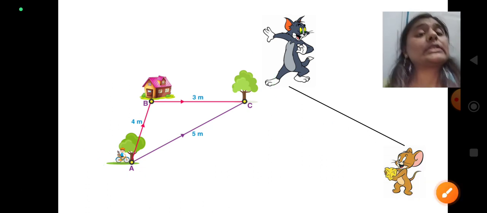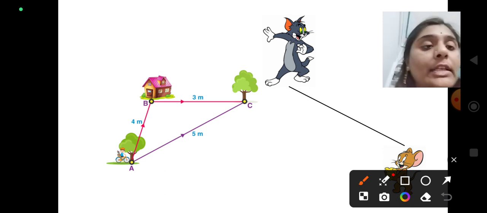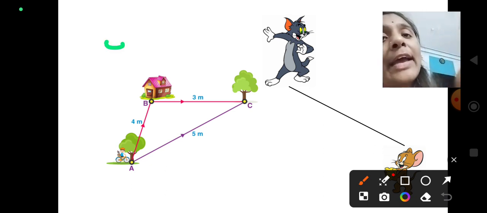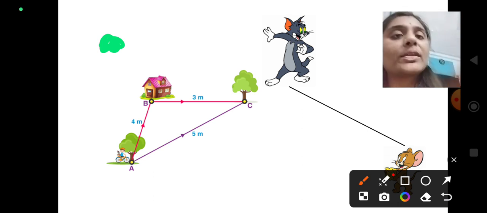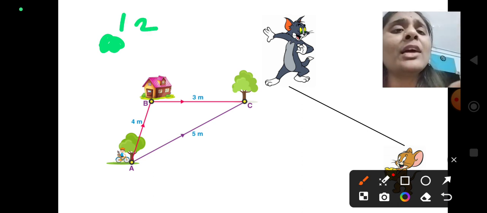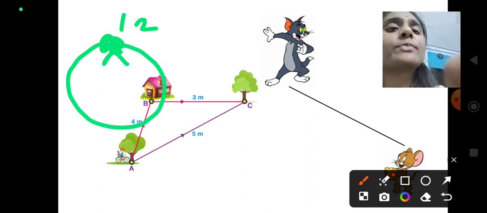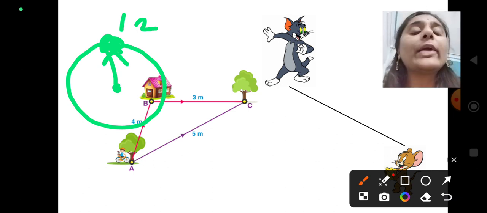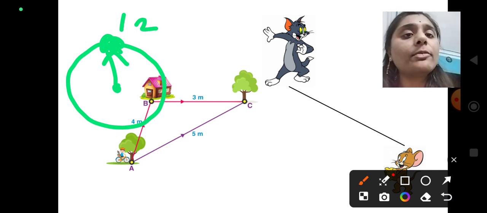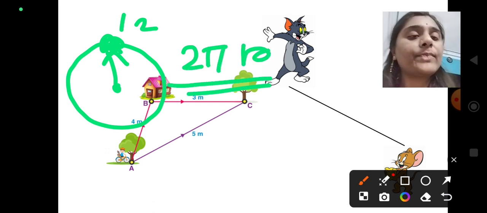What will happen in the circular case? Let us see that one also. One example I will give. Suppose I have a watch. We can consider the example of the clock. Okay, here 12 is there. Now it's 12 o'clock. It means the minute hand is performing the motion from 12 to 12, right? From 12 to 12 means the total distance covered will be equal to 2 pi r, which is the circumference of the circle, right?